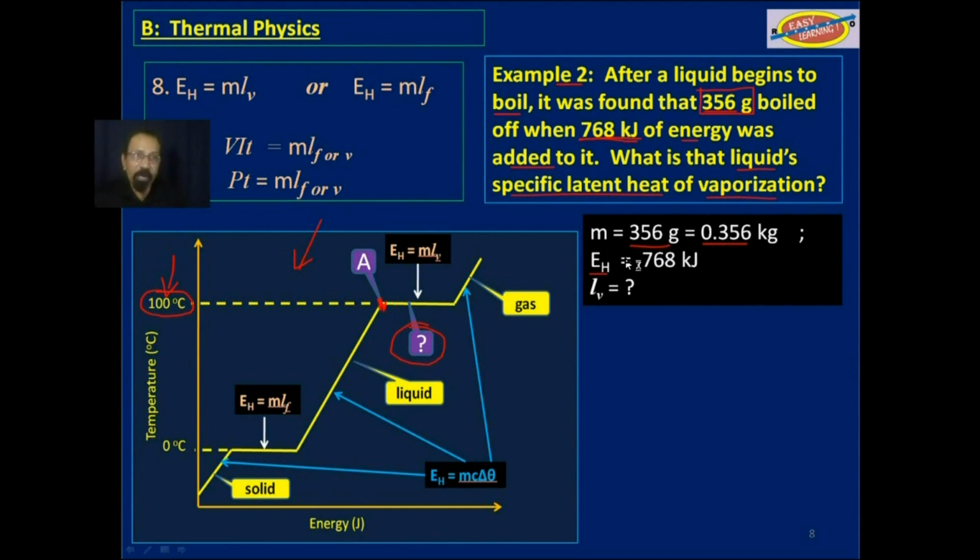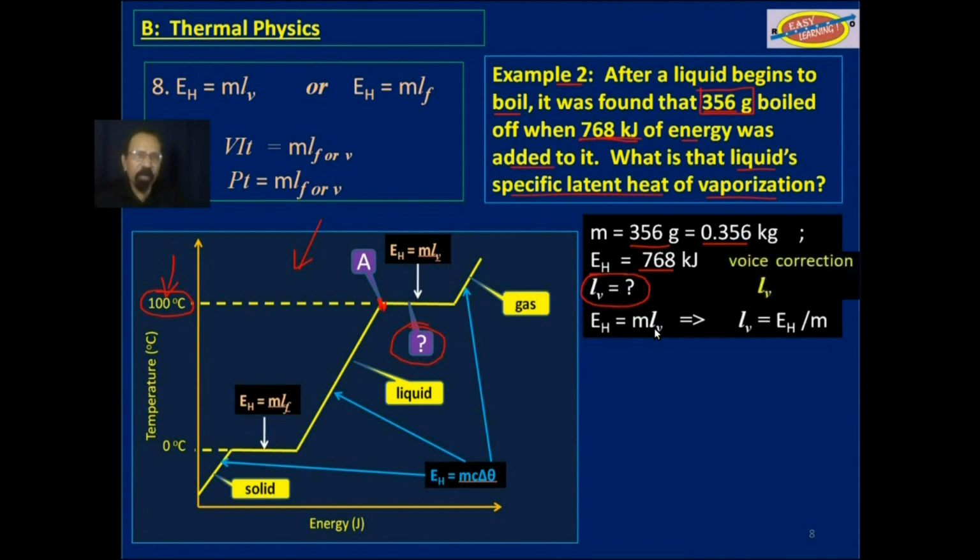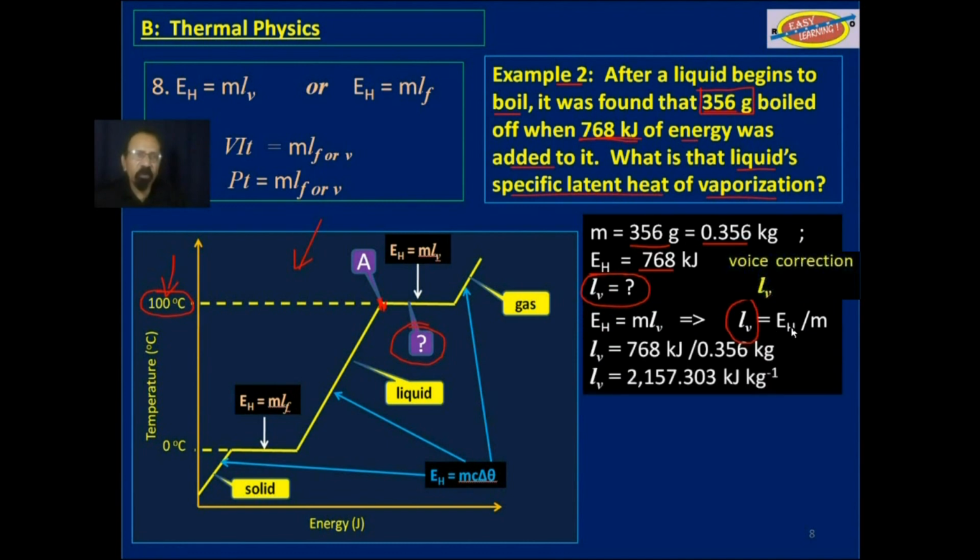We know the heat that we supplied to this liquid at its boiling point is 768 kilojoules, and we want to find the latent heat of vaporization. So we know that EH is equal to MLF. We make LF the subject of the formula, and we substitute the numbers we are given, and the answer from our calculator is 2,157.303 kilojoules per kilogram. Well, we cannot leave it like that.